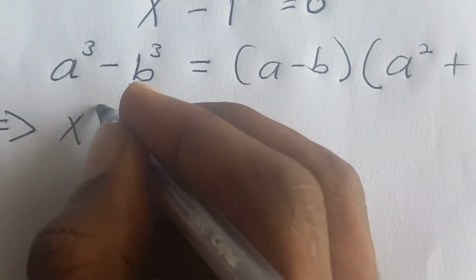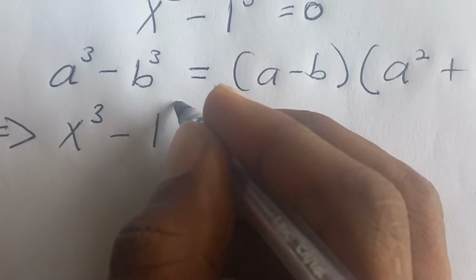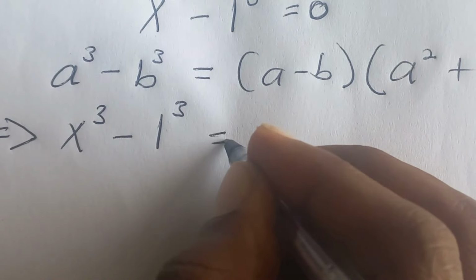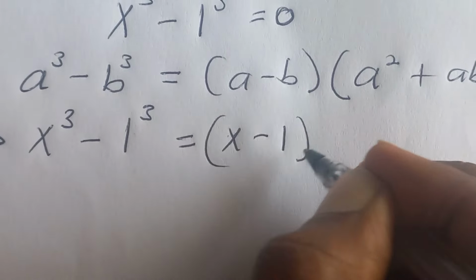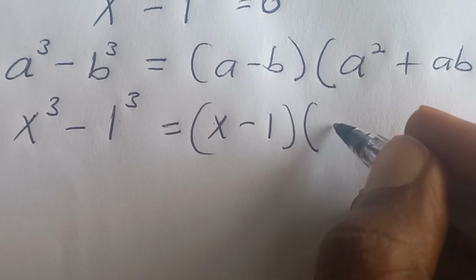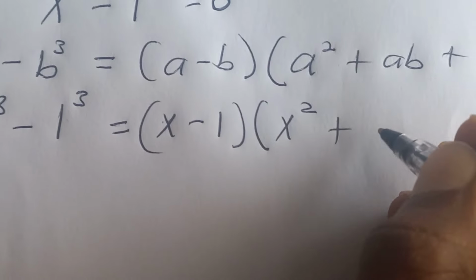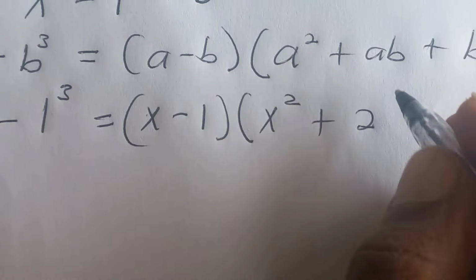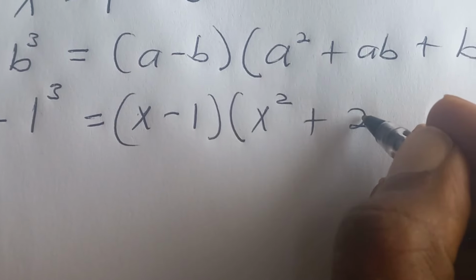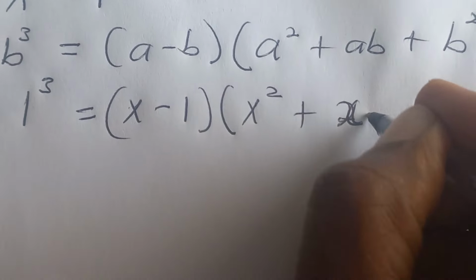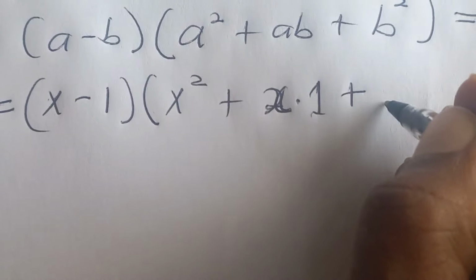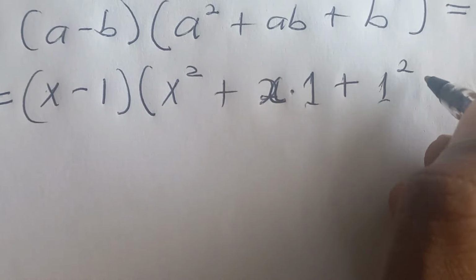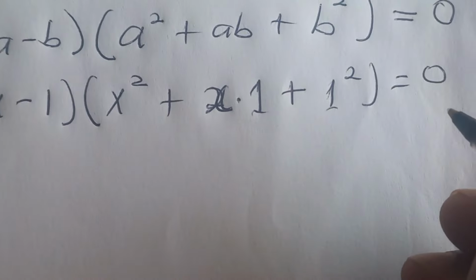our x cubed minus 1 cubed is equal to x minus 1, bracket, then we have x squared plus x multiplied by 1 plus 1 squared is equal to 0.